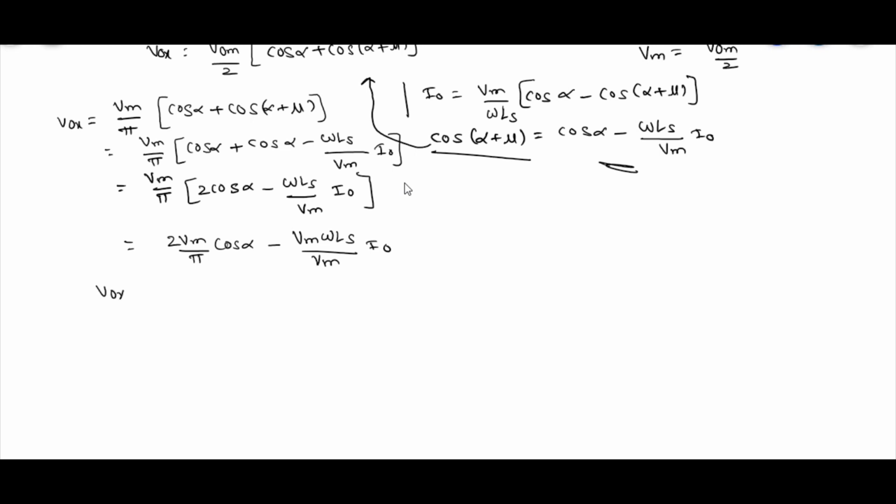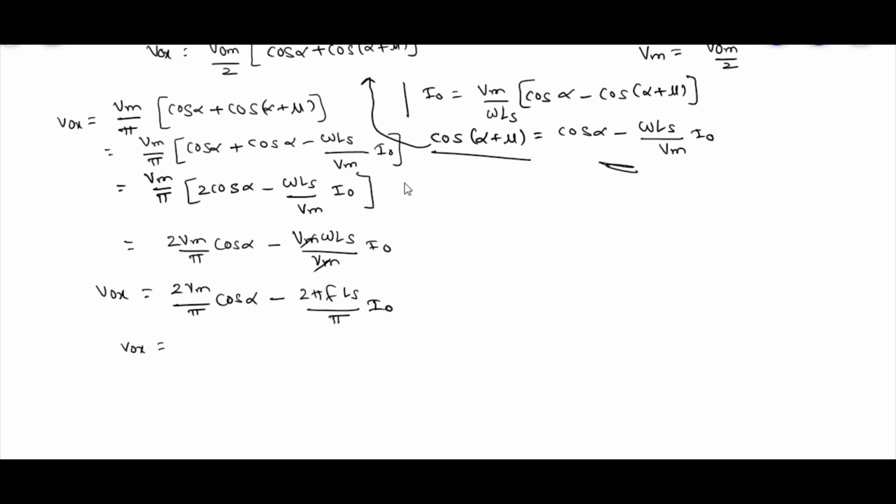So VOX will be equal to 2 Vm by pi cos alpha minus, this Vm is cancelled, this will be 2 pi f into Ls by pi into I naught. That's the simplification.